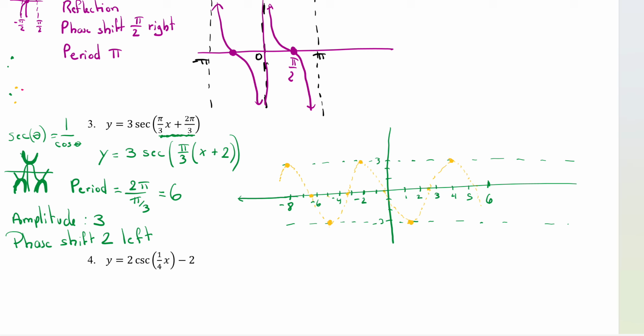Because the secant is 1 over a cosine, so wherever the cosine is 0, we're going to have an undefined value. So all of those values are going to be, actually, that should be not quite on the y-axis. It should be kind of like there and then there.